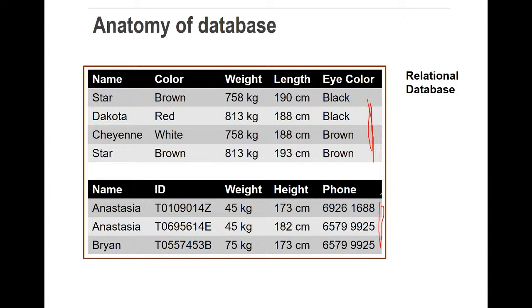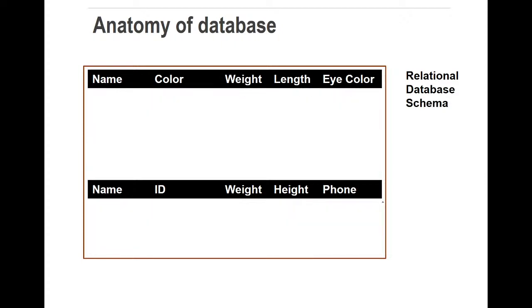A relational database schema, you ignore the instance and you just look at the header. The relational database schema is really what you need to know about a particular database, such that you can insert something into this particular database that satisfies the structure. Okay, so that's a database.